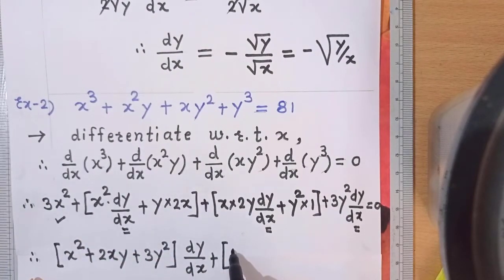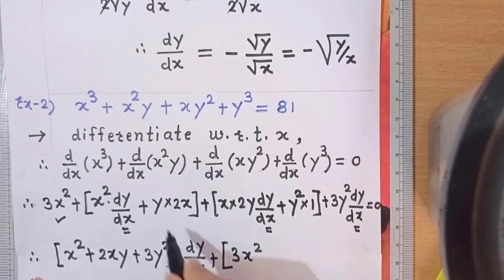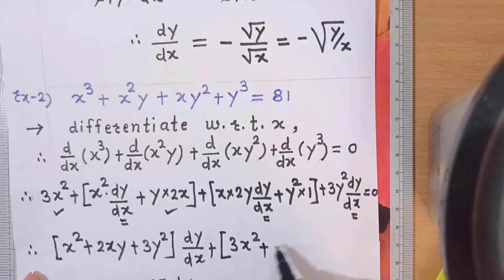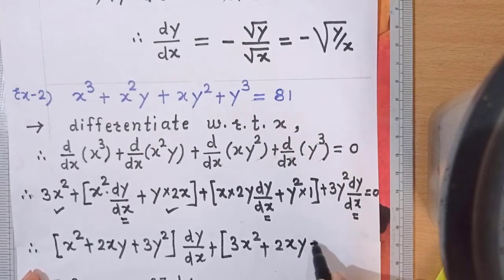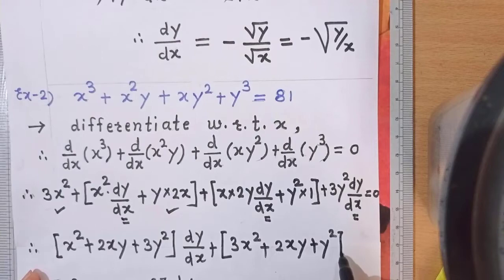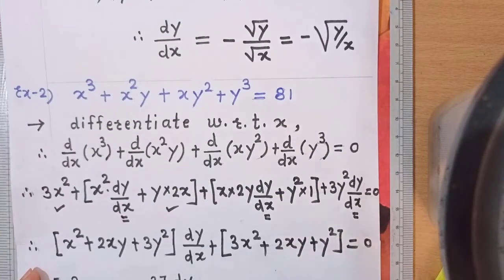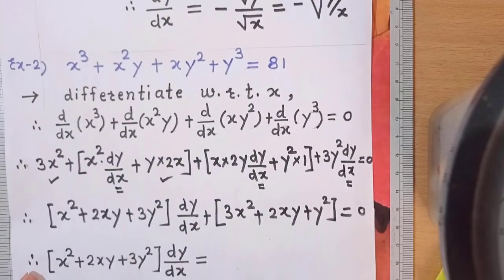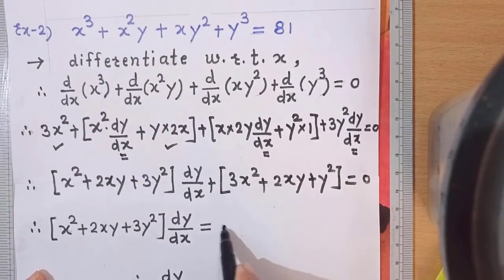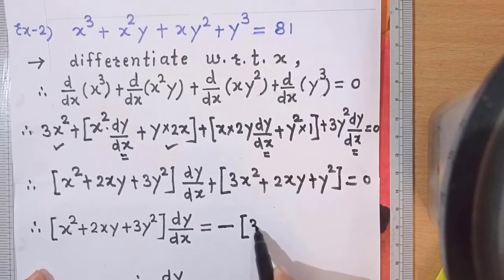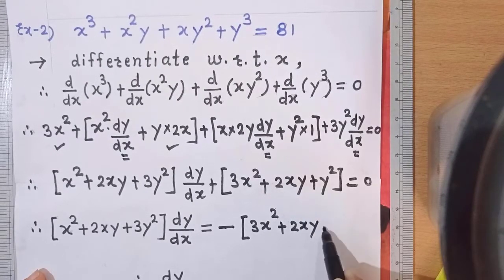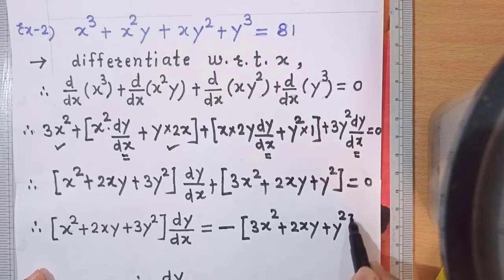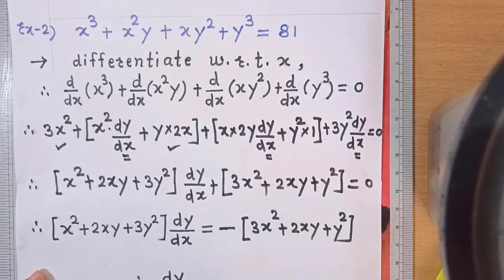So first one is 3x square, then second term is plus 2xy, and third term is plus y square equal to 0. Now shift this bracket to the right hand side, it will become minus, so this is minus (3x square plus 2xy plus y square), left hand side write as it is.